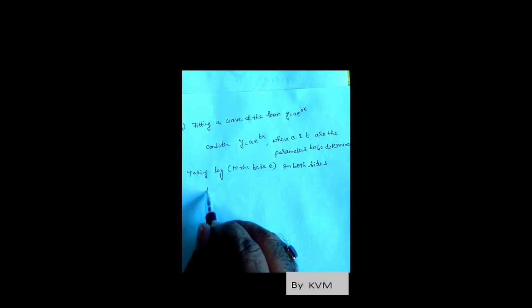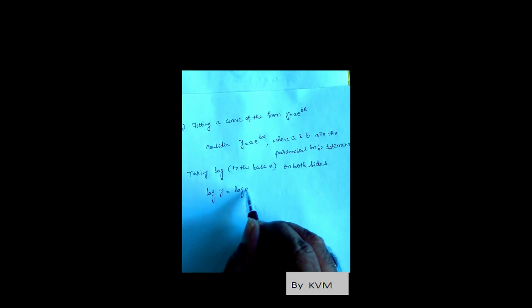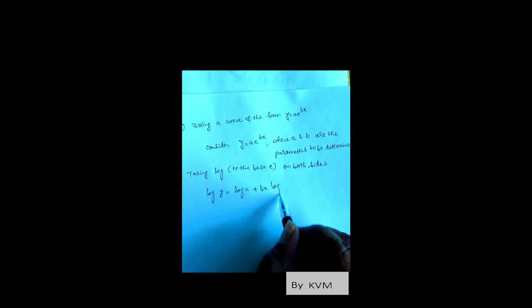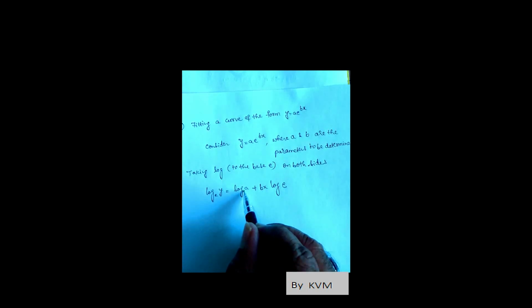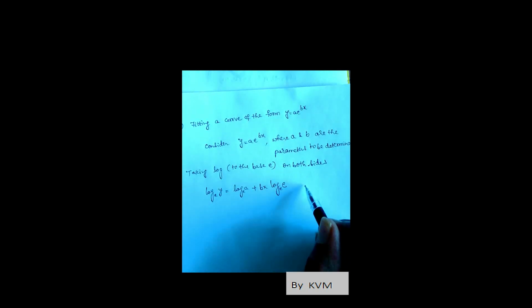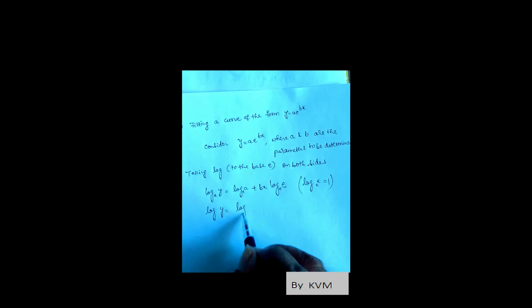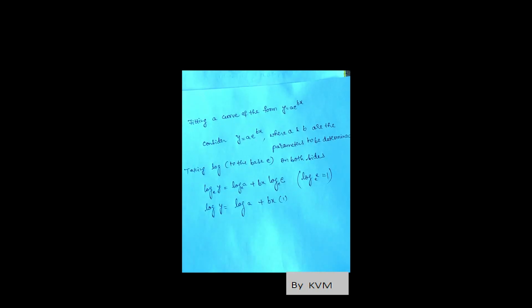So equation becomes, log y equals log a plus bx into log e. So here by default the base is e, but we know that log e to the base e is 1. So equation becomes log y equals log a plus bx into 1.